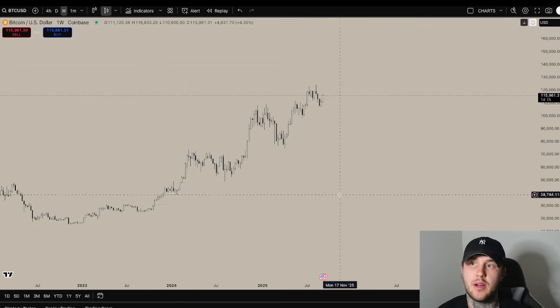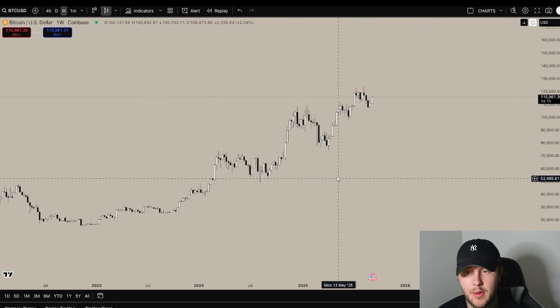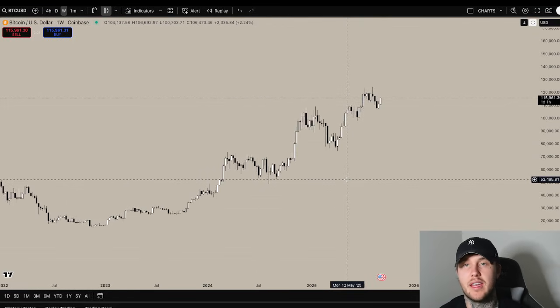If you want to become profitable in trading and you want to understand how the market moves, price action is king. It always has been, it always will be. Everything is derived from price action. Every single strategy, every single indicator reads price action. Understanding which way the market is going so that you can make better decisions with your trading is what's going to get you profitable.